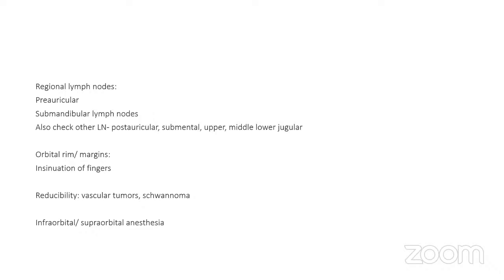Then reducibility is usually seen in cases of vascular tumors or schwannoma or varix. Then infraorbital and supraorbital anesthesia have to be checked using a cotton wisp. So involvement of the nerves may cause an anesthesia or a paresthesia. Therefore, checking of the orbital sensations is also important. Also, reducibility of vascular tumors.